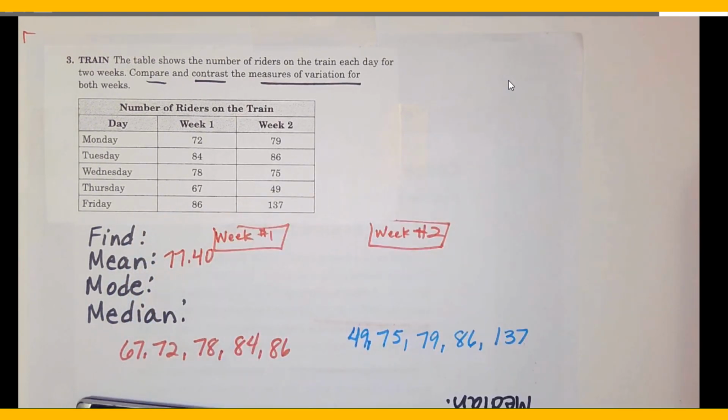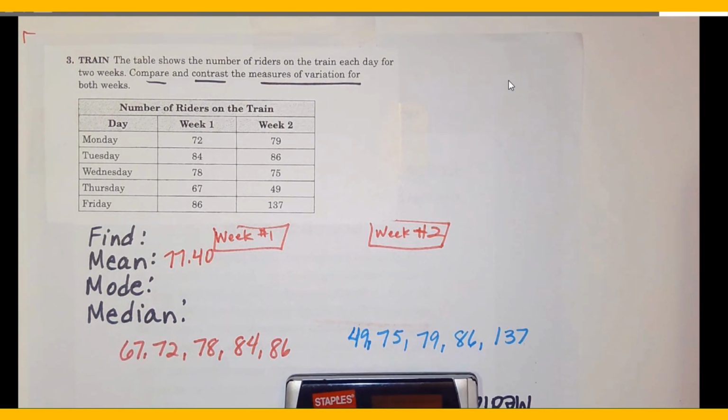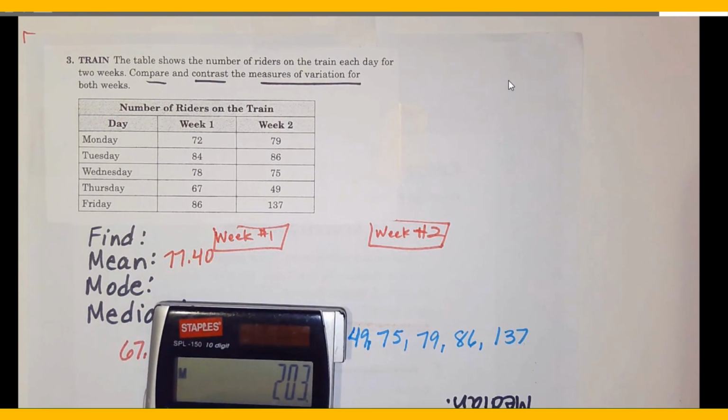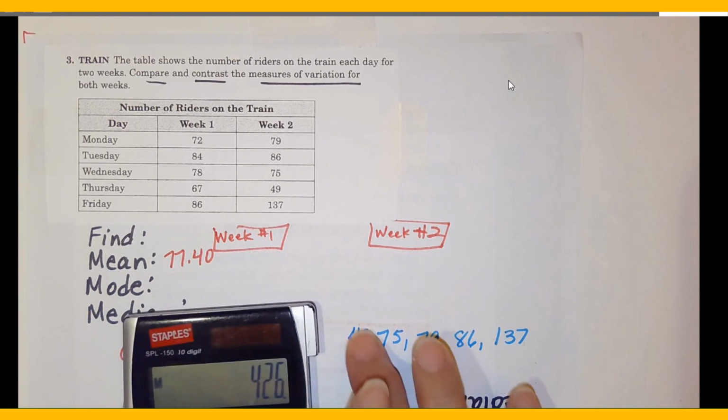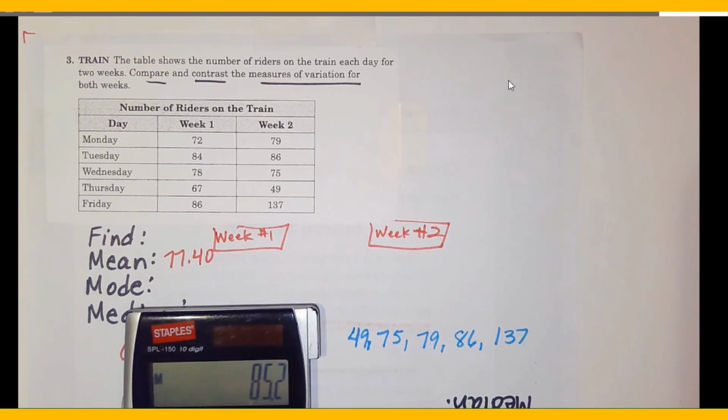Let's look at the mean over here. 49 plus 75 plus 79 plus 86 plus 137 equals, divided by 1, 2, 3, 4, 5 pieces of data, that's 85.2.